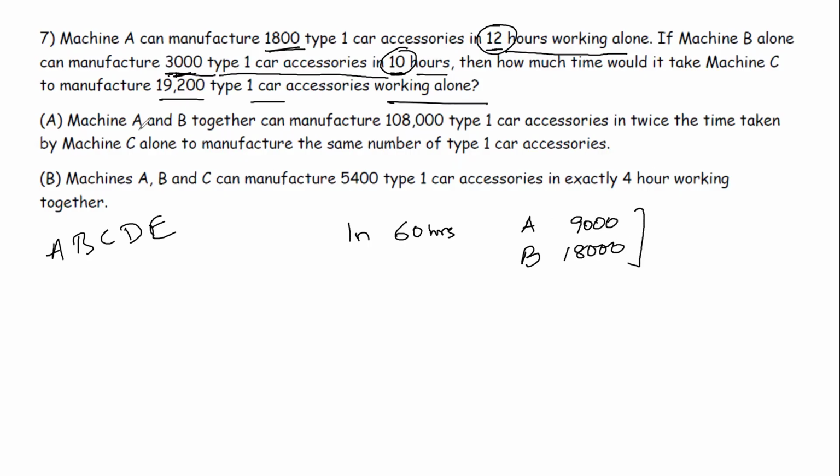So together, machine A and B can do 27,000 in 60 hours. So for 108,000, in how many hours?